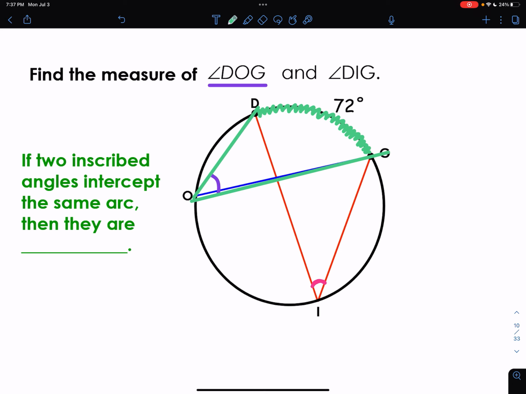So if I want to get the angle, I need to take my arc. Angle equals 72, arc divided by 2. So that's going to leave me with 36 degrees for angle DOG.